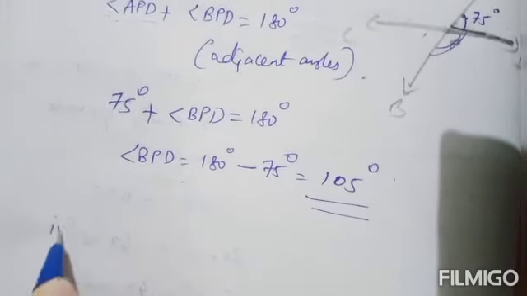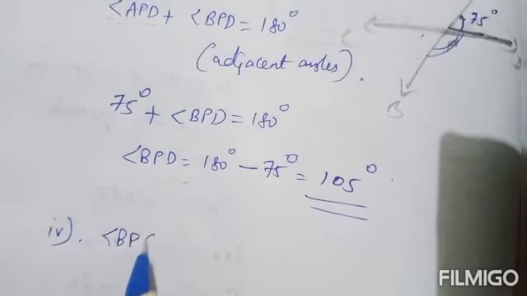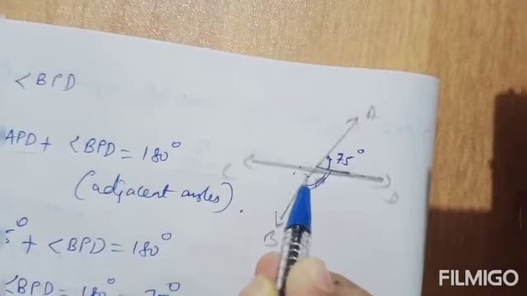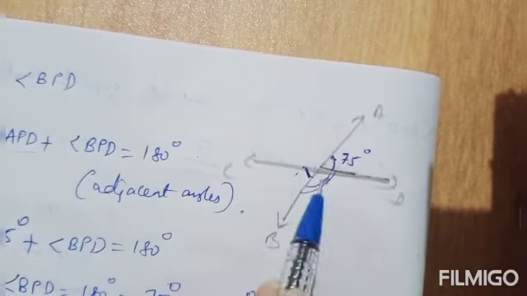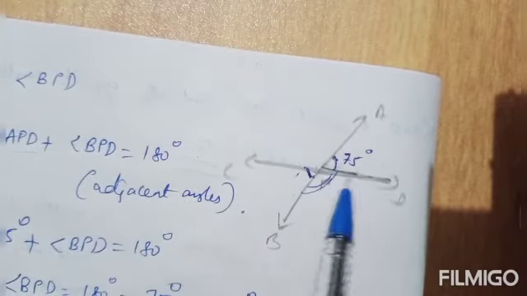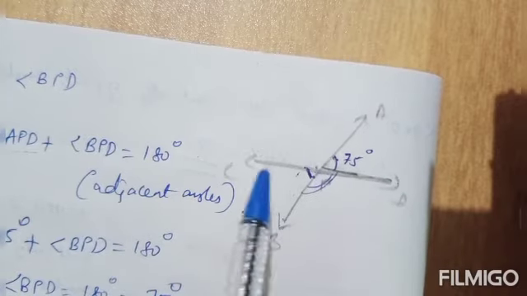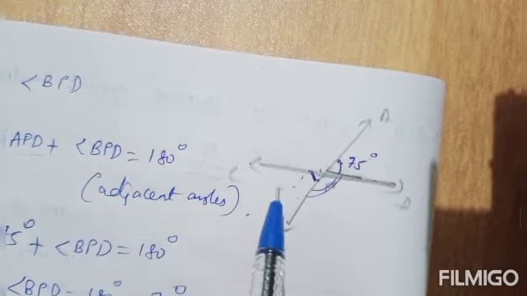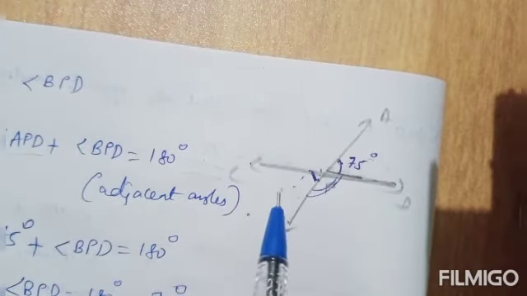In the fourth one, angle BPC. So this angle you need to find. Now in this figure you can see angle APD and angle BPC are vertically opposite angles. So by property 1, what can we say?